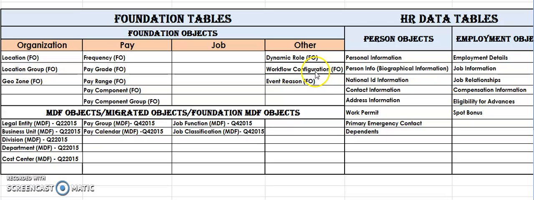So for whom we are triggering the workflow, and when we want to trigger the workflow. As per the conditions, as per the location changes, pay grade changes, shift changes, data changes, we define whom to trigger the workflow, and why we are triggering it: in order to approve or reject the changes.